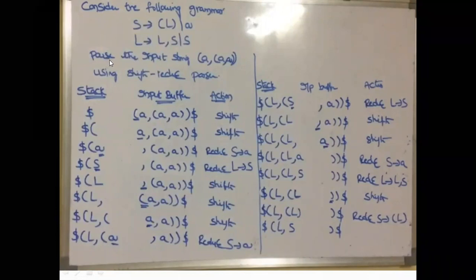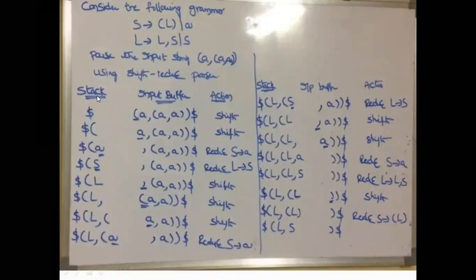In this one, the input string is open brace small a comma open brace small a comma small a closed brace closed brace. So this is the given input string. We have to parse it by using a shift reduce parser. We have three columns: the first one is the stack, the second is the input buffer, and the third is the action.